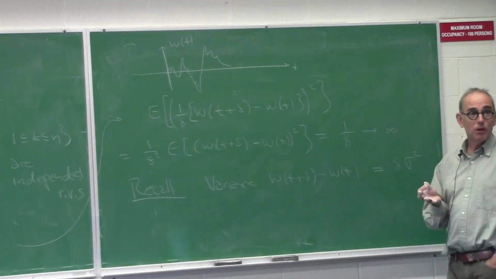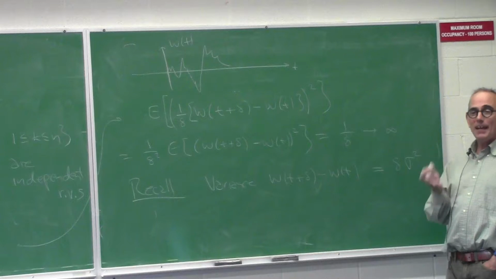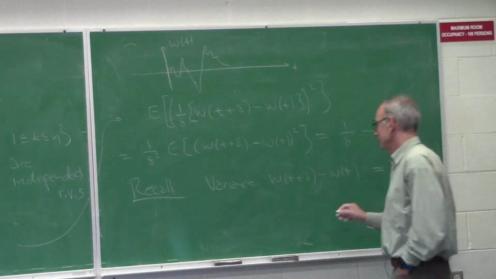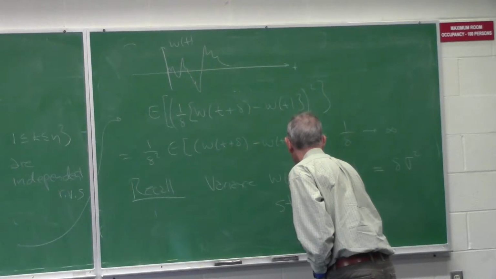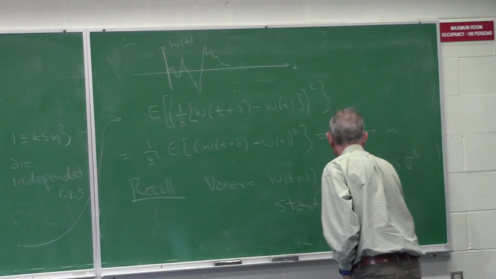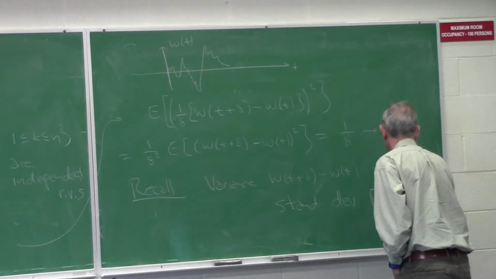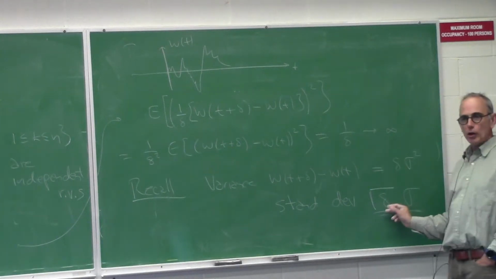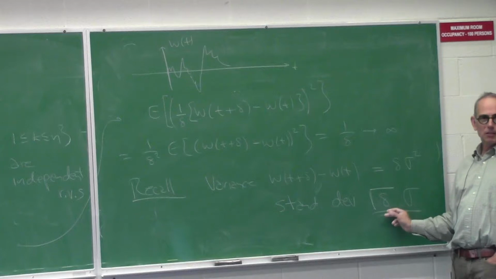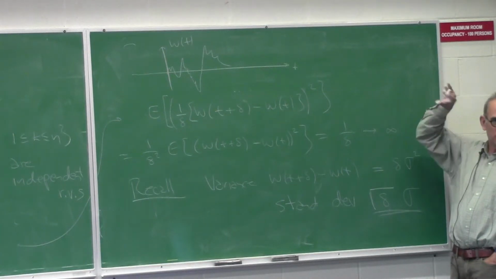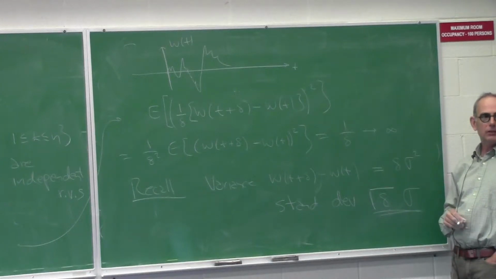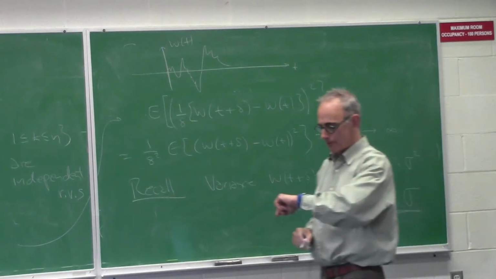You say, well, that's really small. But remember, the standard deviation is what you care about, and that's square root of delta. That's what's really easy to forget. And the square root of a small number has infinite derivative at 0. So that's what's killing us: the standard deviation is square root of delta. That's all of it.